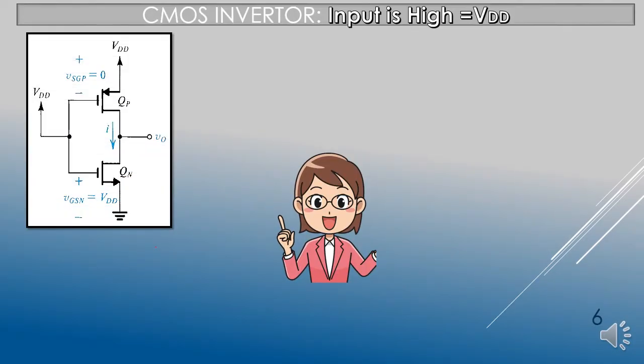We will discuss three cases. First we will discuss the two extreme cases where input is high and input is low. So here is input. First assume input is high. Input high means VDD, the DC power supply.